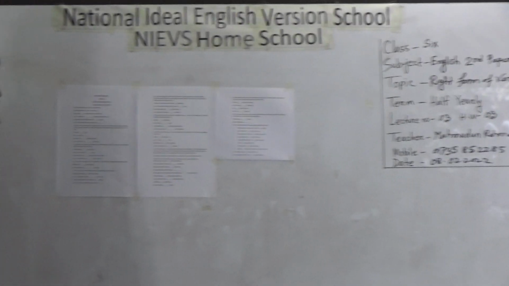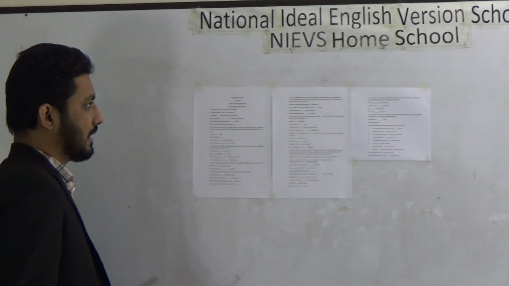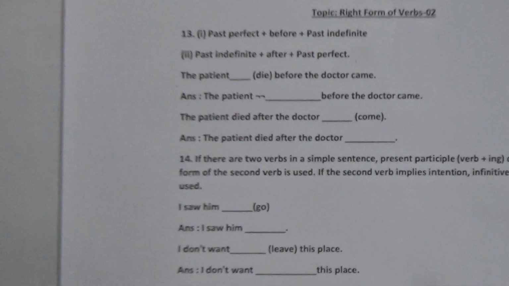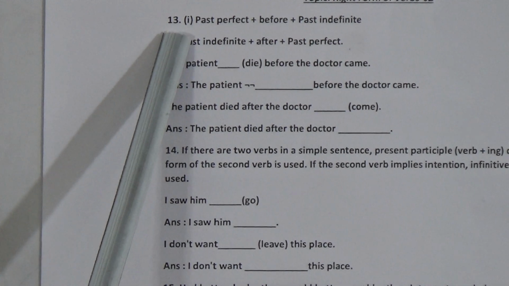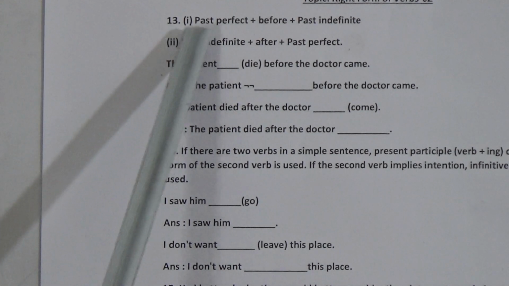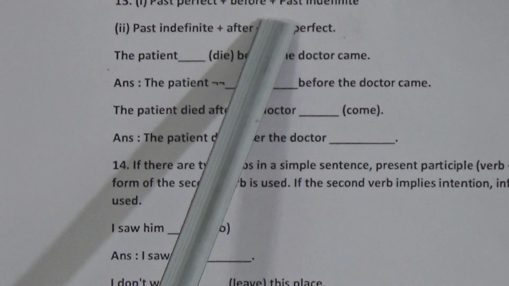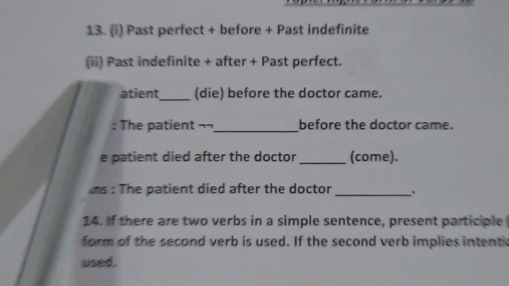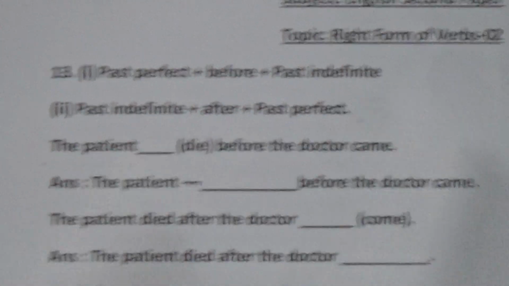In the last class of right form of verbs, we discussed some rules. Today we will discuss from rule number 13. This rule is divided into two parts. Number 1, past perfect plus before plus past indefinite, and the second one, past indefinite plus after plus past perfect.